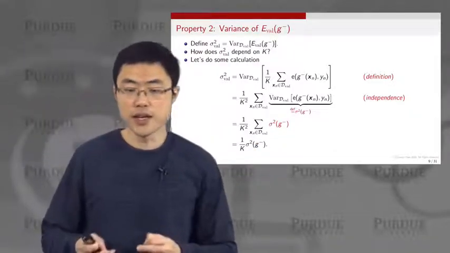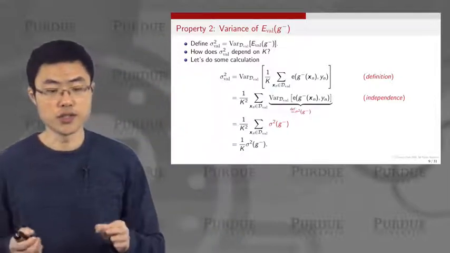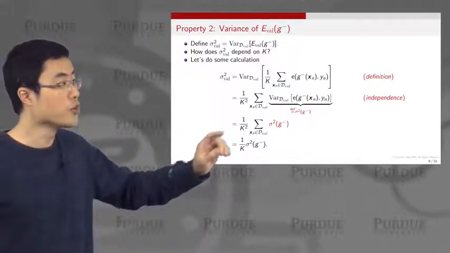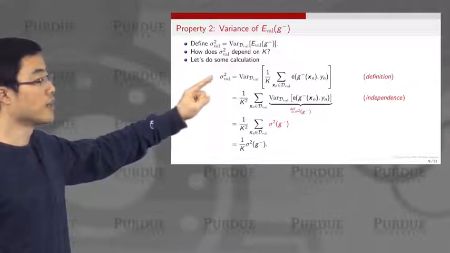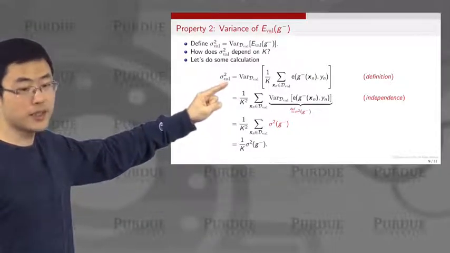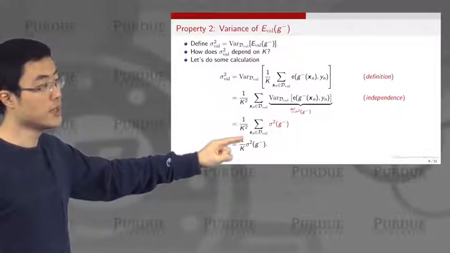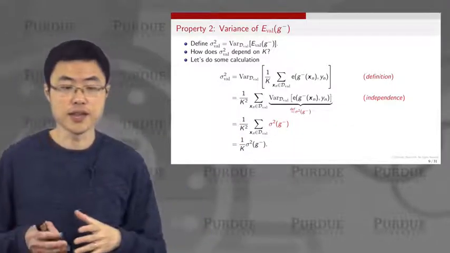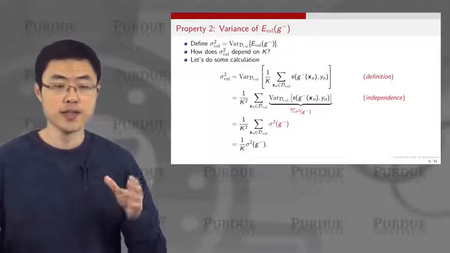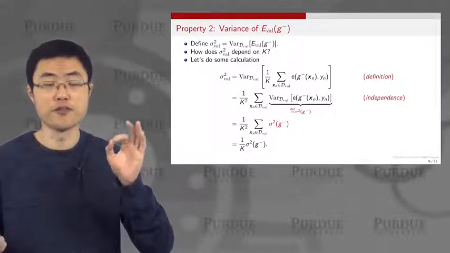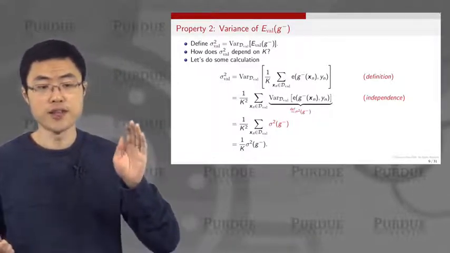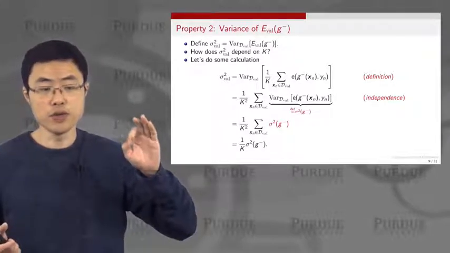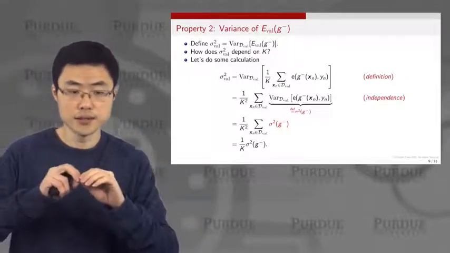And so as long as I can compute sigma square of G minus, then I can show you that the variance of the validation is linearly decaying as a function of K. What it means is that as I have more and more K, there shouldn't be any fluctuation of your validation error. And the validation error will eventually converge to the mean.